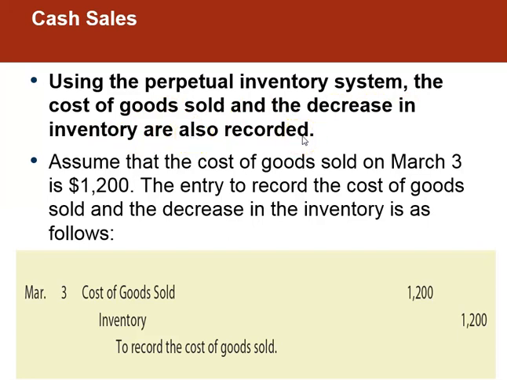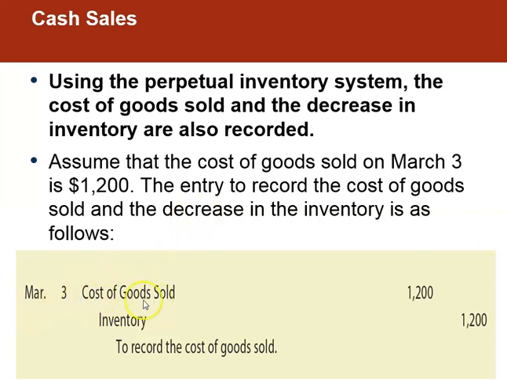Okay, so still talking about that transaction, we sold merchandise for $1,800, but again, it was merchandise, it wasn't service. So let's say that our cost of goods for that merchandise is $1,200. Well, the entry to record the cost of goods sold and the decrease in inventory, because remember, we don't have that inventory anymore, would be as follows.